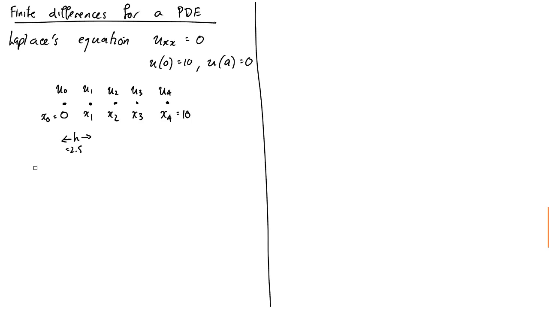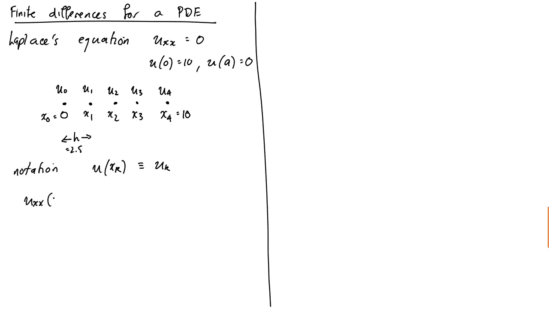So using finite differences, a little bit of notation, sorry. Notation, u at xk we'll write as uk. Okay, that's why I've said u0, u1, u2, u3, and u4.